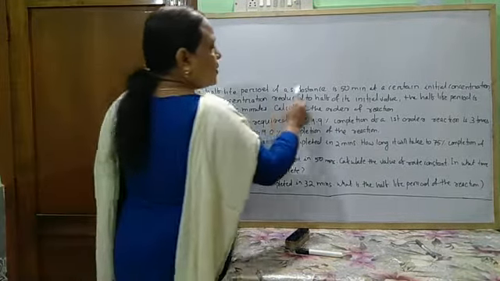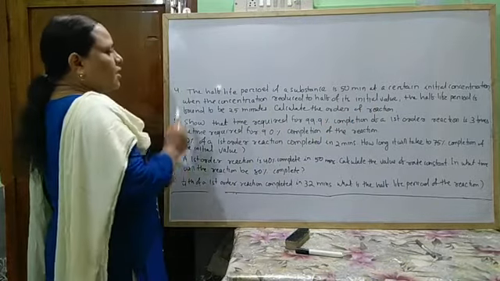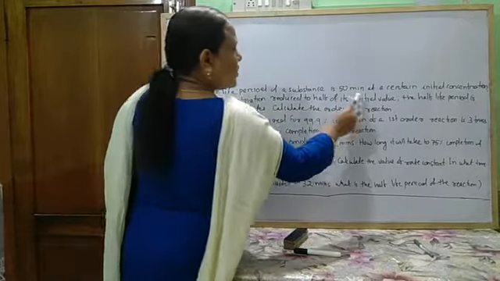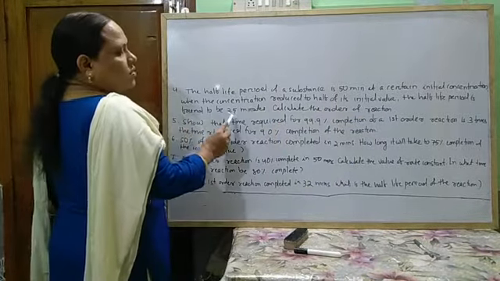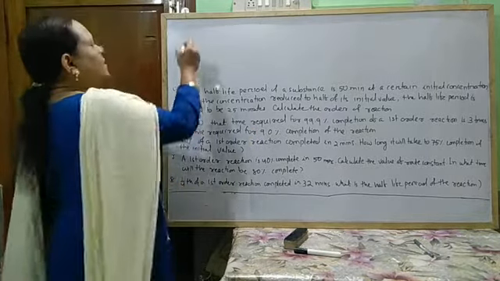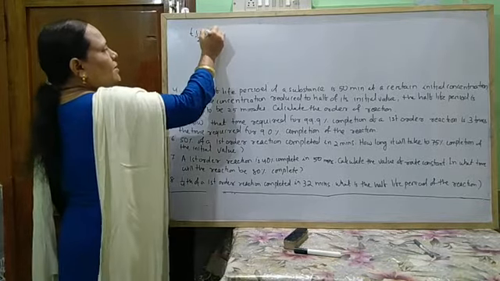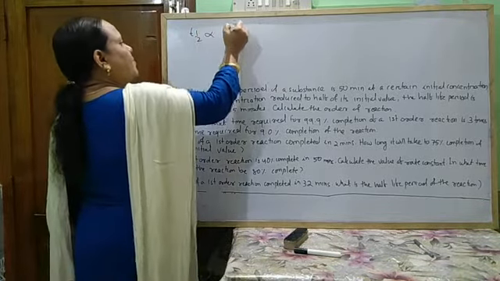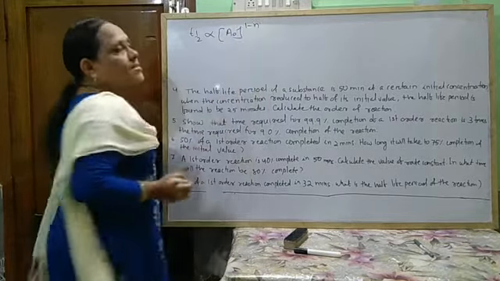The half-life period of a substance is 50 minutes at a certain initial concentration. When the concentration is reduced to half of its initial value, the half-life is found to be 25 minutes. Calculate the order of reaction. Another equation I have written here: T half is proportional to A naught to the power 1 minus n.